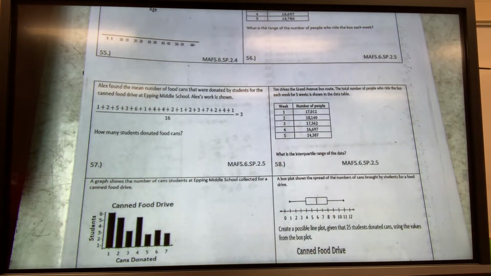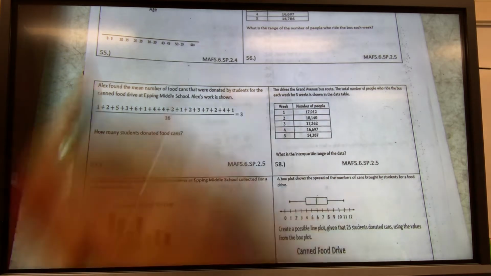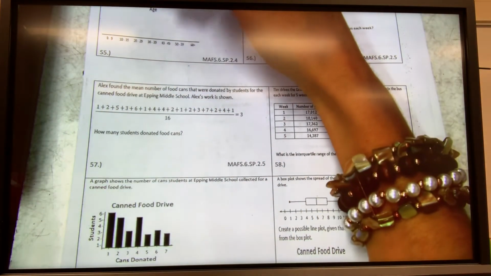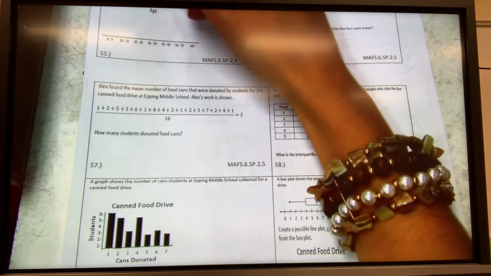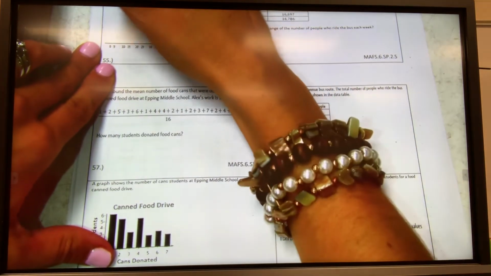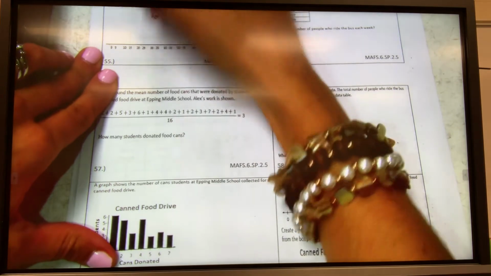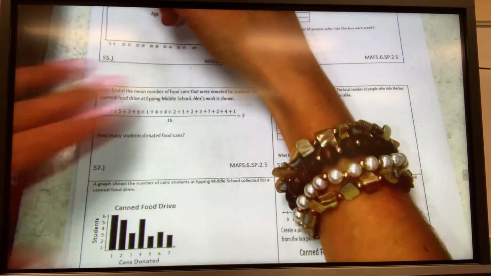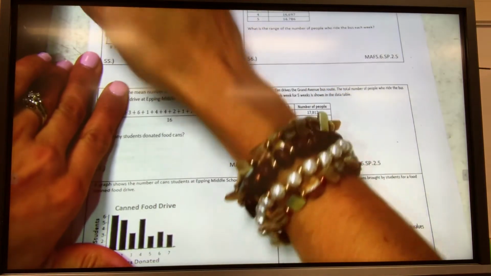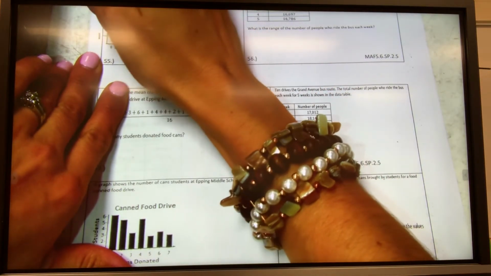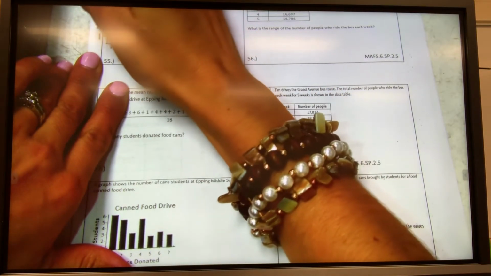Okay, next one. 55, same thing, except this time it wants a histogram. So we're using bars. For this, there's 2 of them. We gotta put some numbers here. And on the last one, our highest number was 2, so we'll just do 3. So 1, 2, 3.